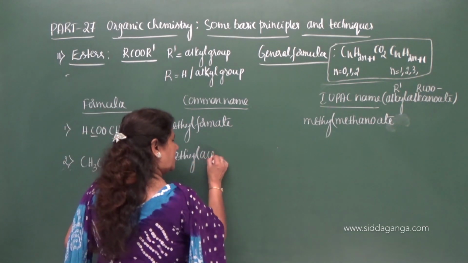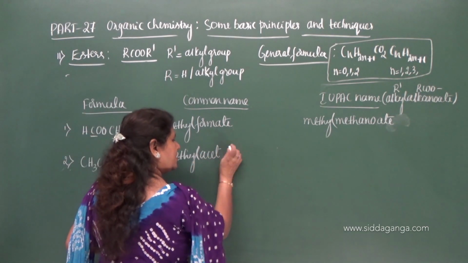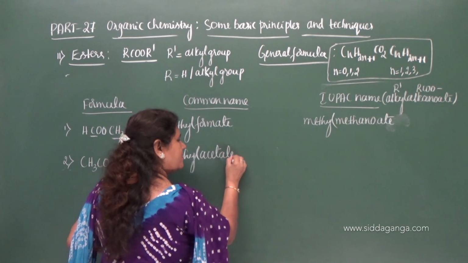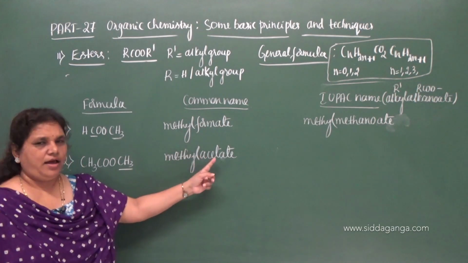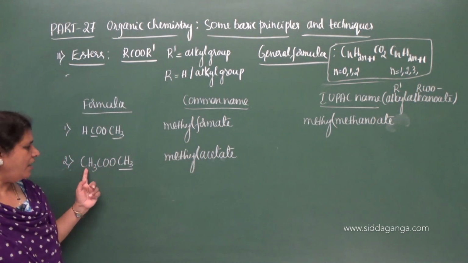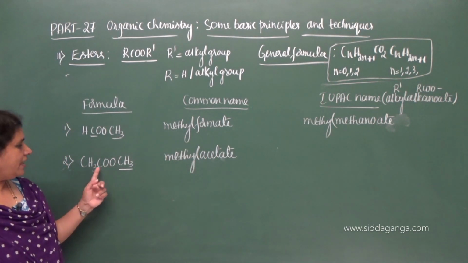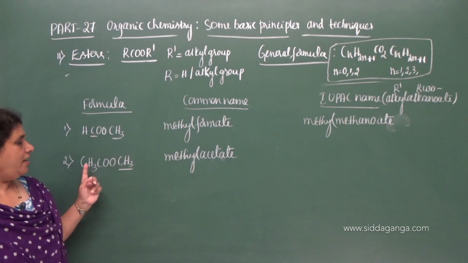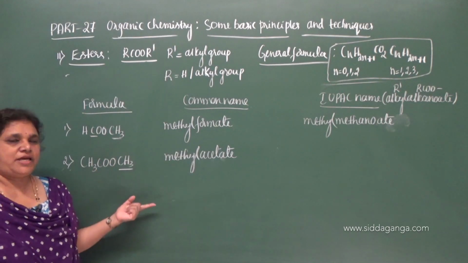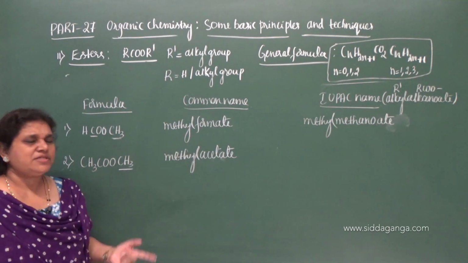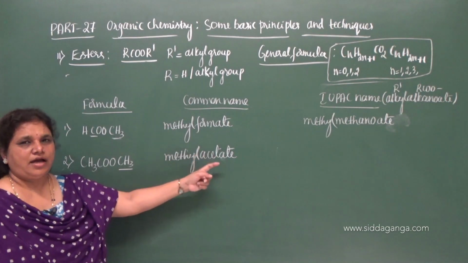So acetic acid, "ic acid" is replaced by "ate", then it becomes acetate, methyl acetate. This group is called acetate group because it contains 2 carbon atoms. The common name will be acetic acid, and "ic acid" is replaced by "ate", then it becomes methyl acetate.